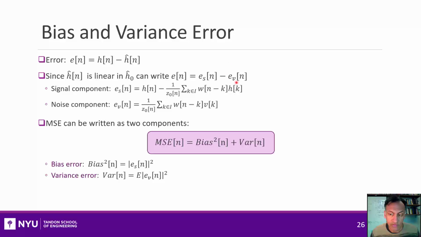So E of e(n) squared will be e_s squared plus the expected value of e_v squared. Note that e_s is completely deterministic. So it's a sum of these two terms, and these two terms are called the bias squared and the variance, which I will explain in a moment.